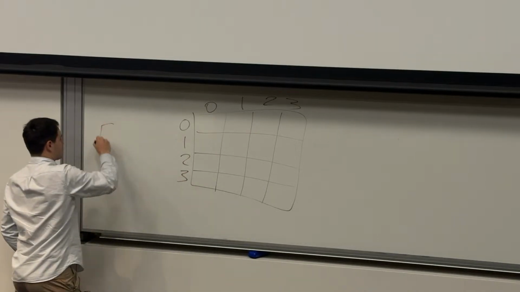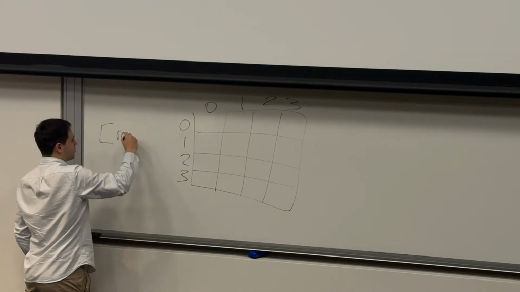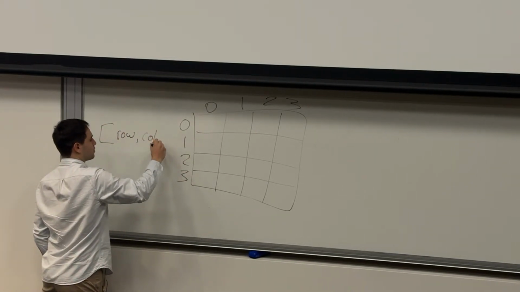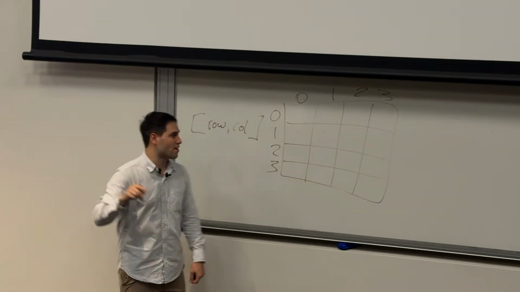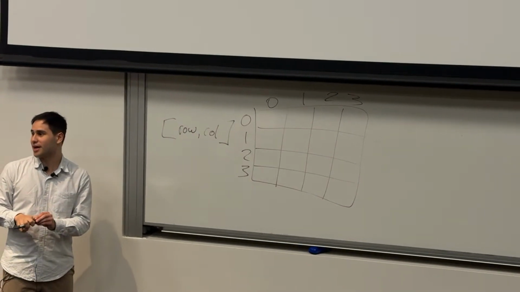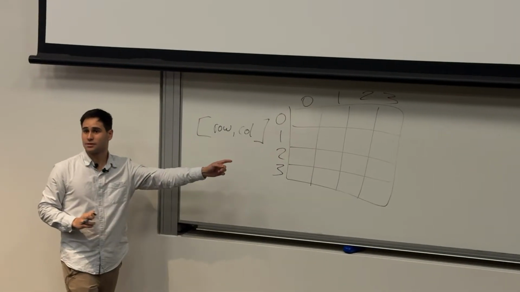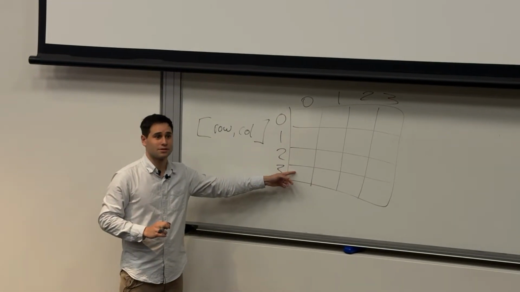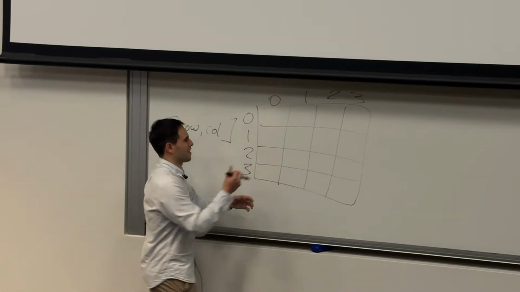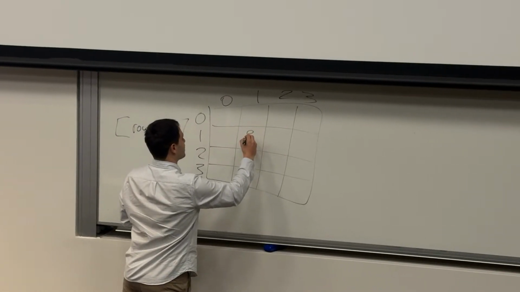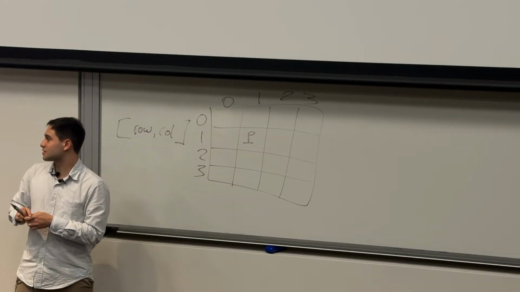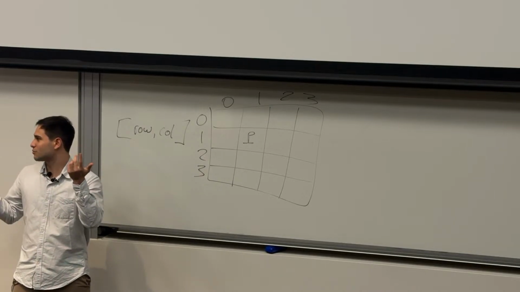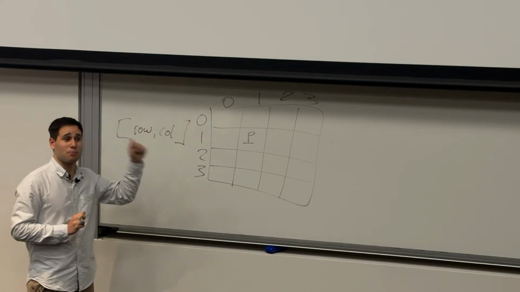Remember, we've got row, col. Is that right? So I place myself at 1, 1. So where am I? Where's the player? It's kind of a stupid question. So there's the player. I'm here. Let's decide where we want to put the churro.